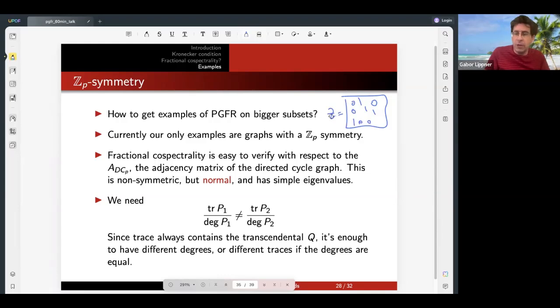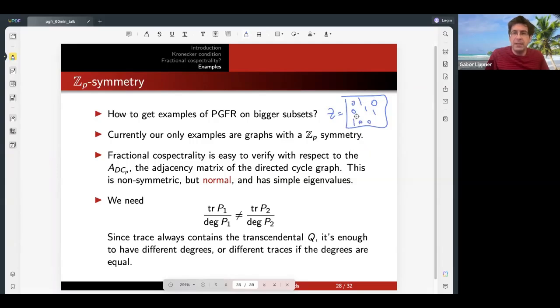And this will commute automatically if you have an automorphism. It'll commute with any power of the adjacency matrix. So everything kind of works automatically. For this case, the only non-trivial step is finding examples where you can verify the trace over degree condition. And there are some tricks that we can use to build a really large family of examples where this works.